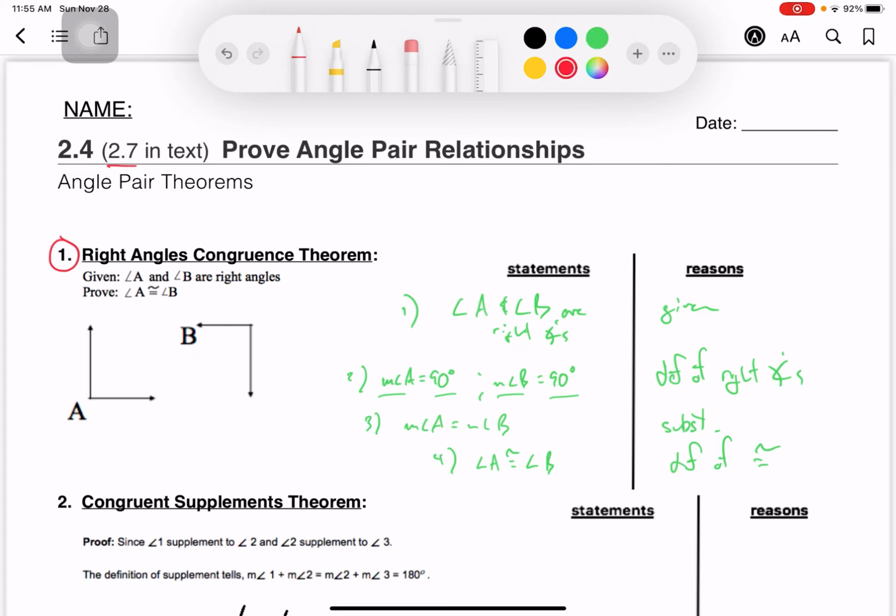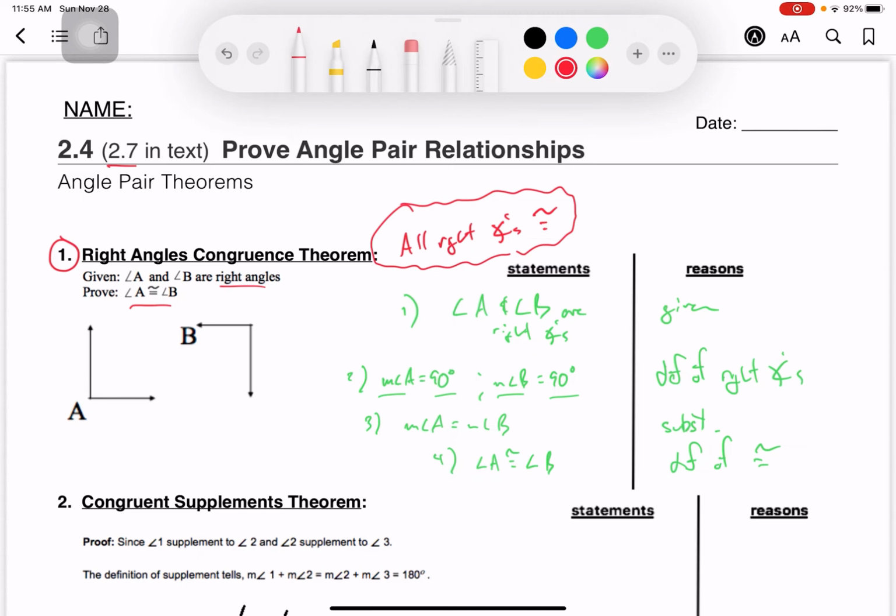We know that if I start out with right angles, I can skip all this stuff and go right to angle A being congruent to angle B. So I don't have to do any of this 1, 2, 3, 4 anymore. I know that all right angles are congruent. That's a very watered down version of what the right angle congruence theorem is.